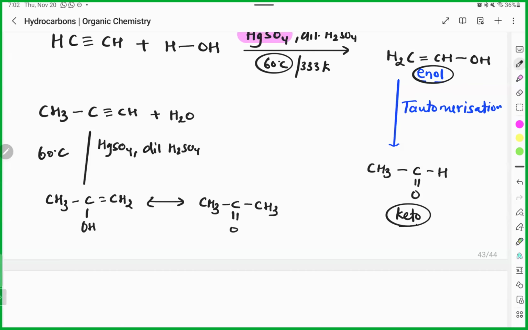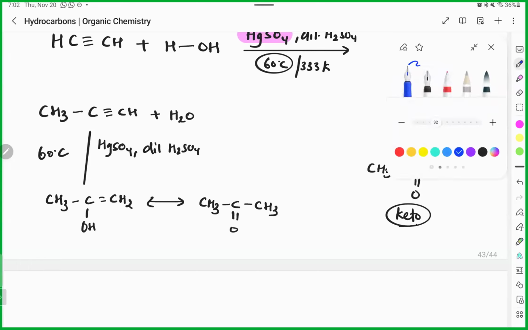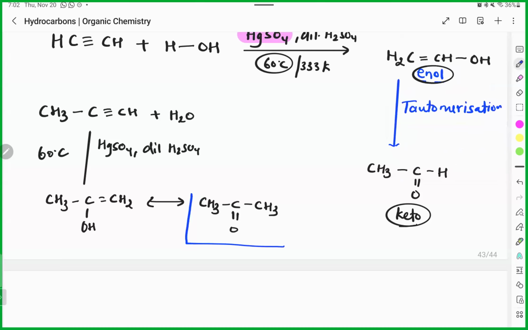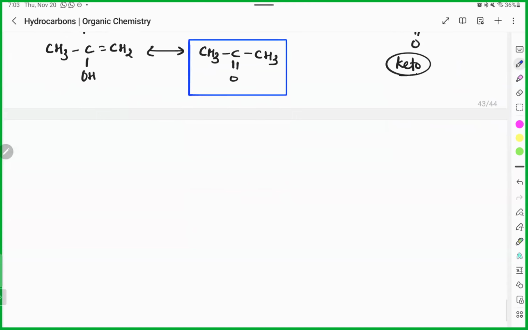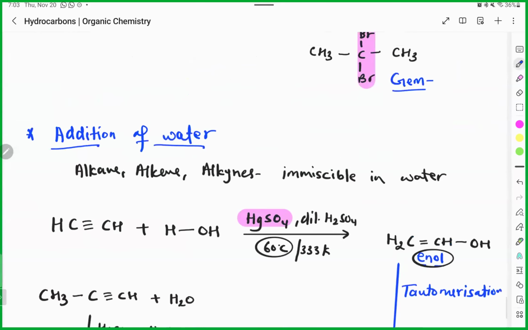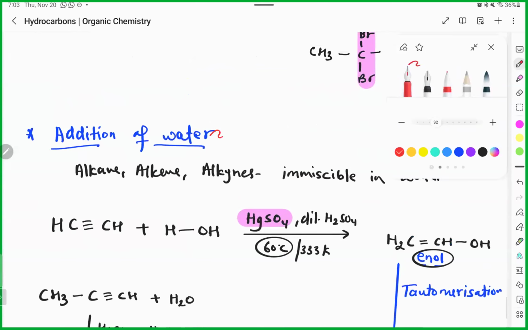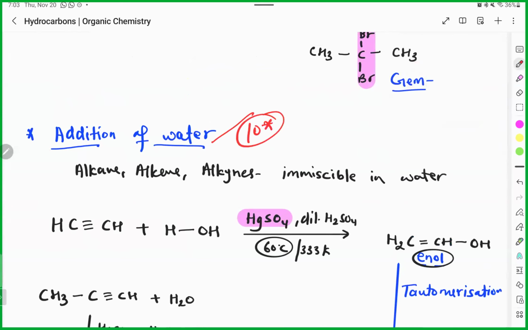So only ethyne produces aldehyde, all the remaining will produce ketone. So this is a very popular reaction. You can mark this as 10 star. Very popular reaction.